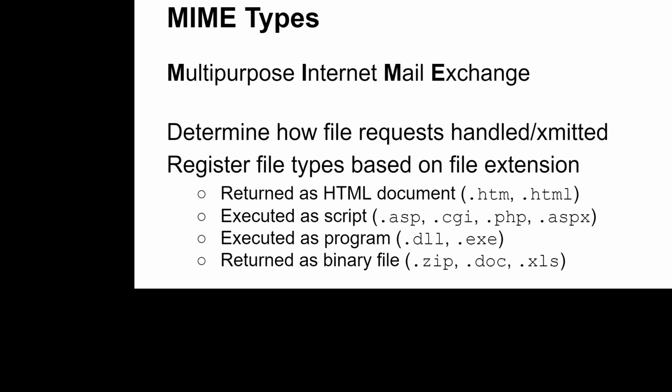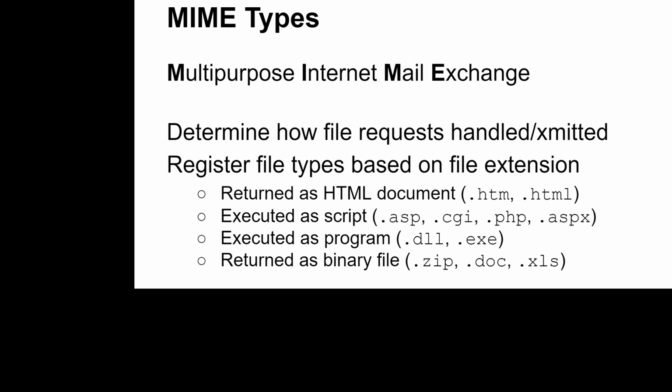For some other files, there are other meanings as well. Scripts are often .asp or .php or .cgi or even .aspx. If you have a program to run, oftentimes you'll have files ending in .dll and .exe. Side note, this is a big security risk.